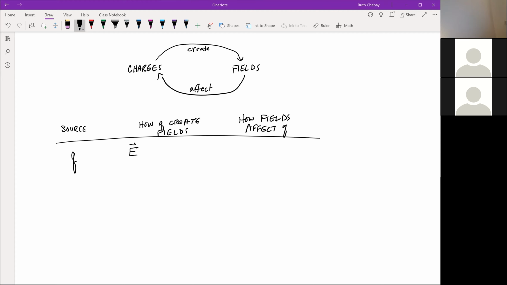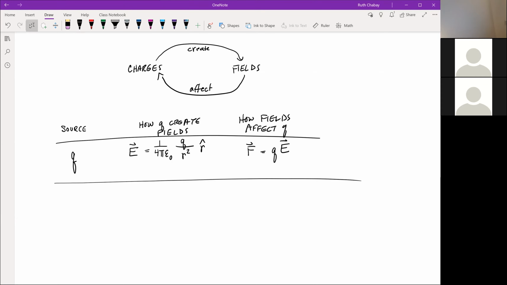The electric field of a point charge is a vector, 1/4πε0 q over r squared in the direction of r hat. And the force on some other charge due to this field is just the charge of that charge times the electric field. This is a stationary charge.